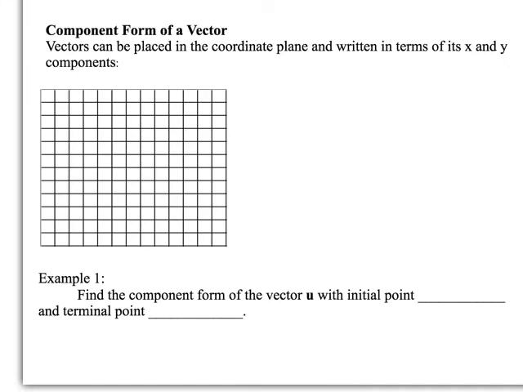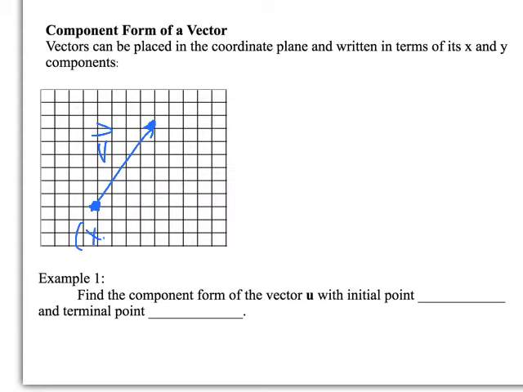Anything that has two parts to it can be modeled in the coordinate plane. So vectors can be placed in the coordinate plane and written in terms of their x and y components. When I graph a vector in the coordinate plane, my point P will have an x and y attached to it, and my point Q will have an x and y associated with it. So there would be my vector. I could call that v.